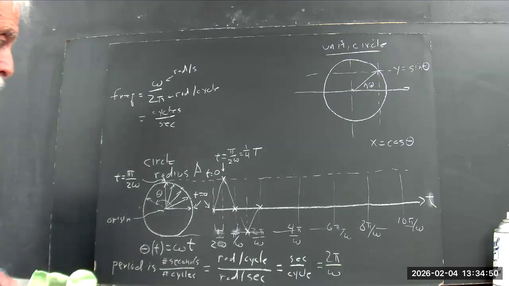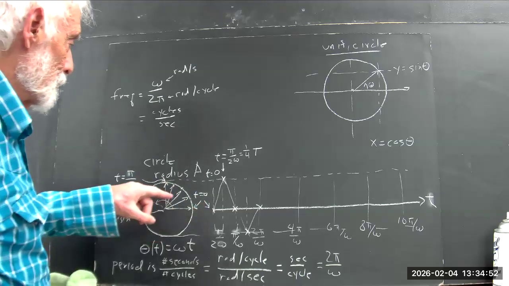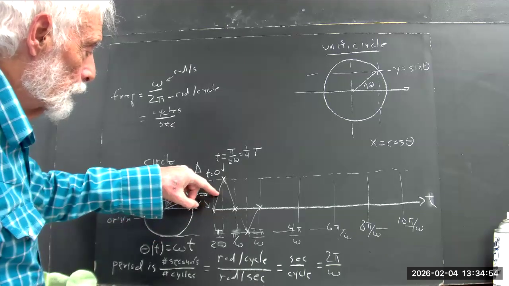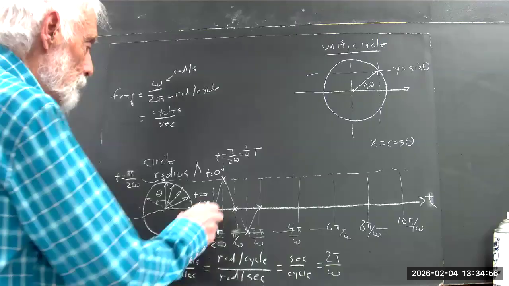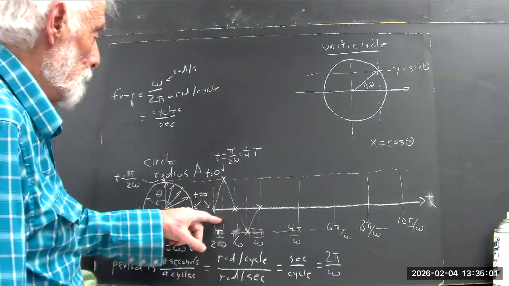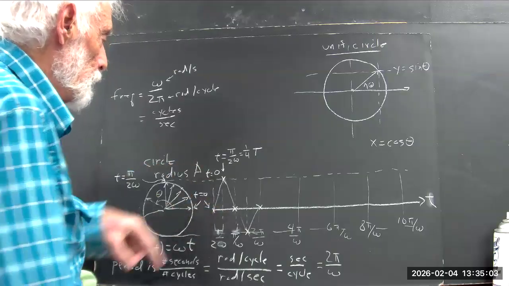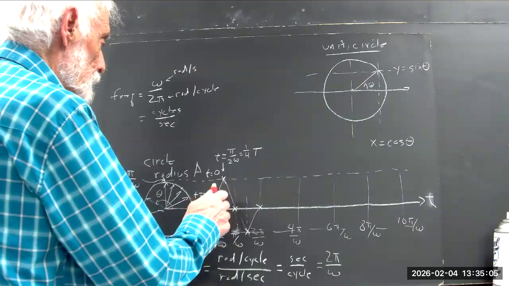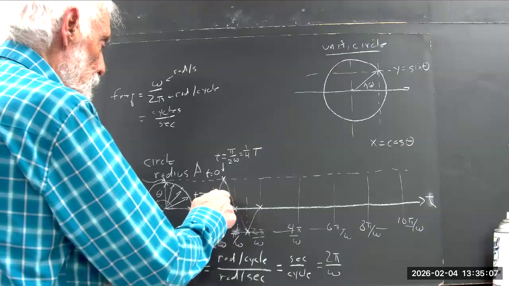But that means that this point is not an accurate point on the graph. You don't have this point because that point is only halfway from here to here. We got a point that's 7/10 of the way from here to here.